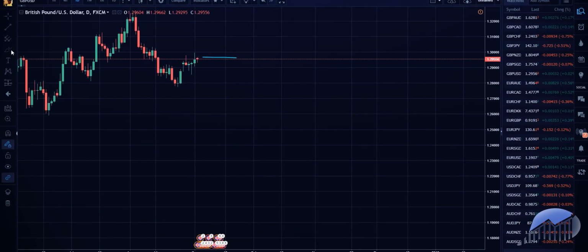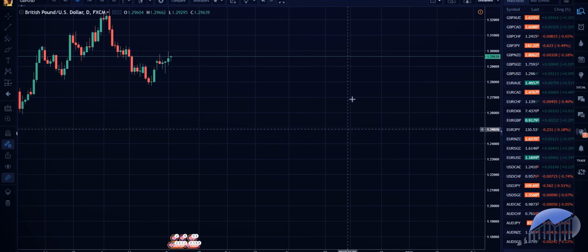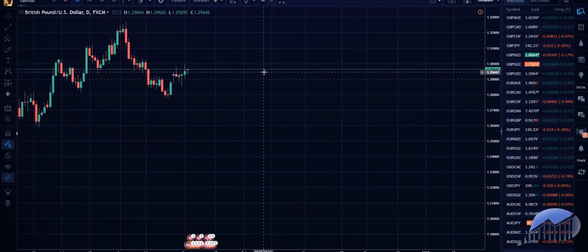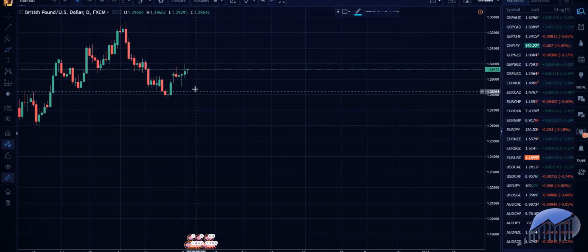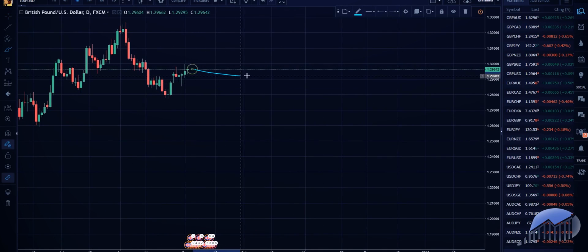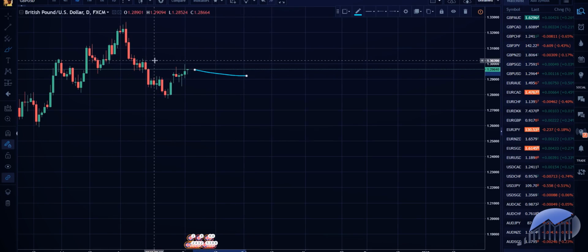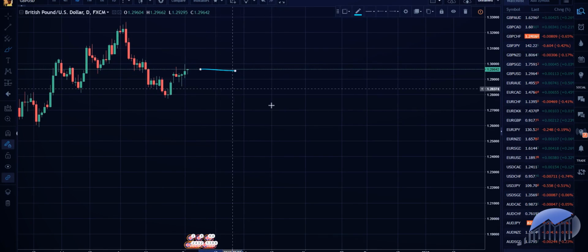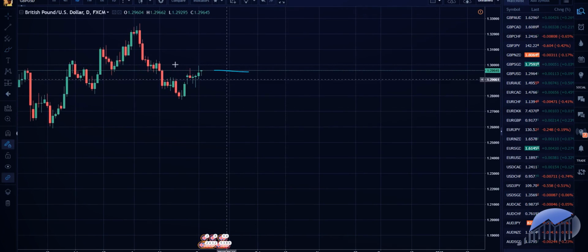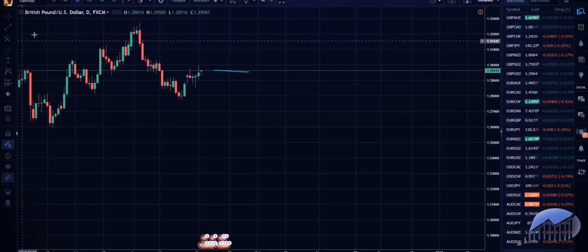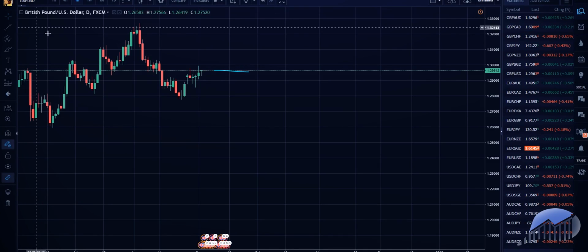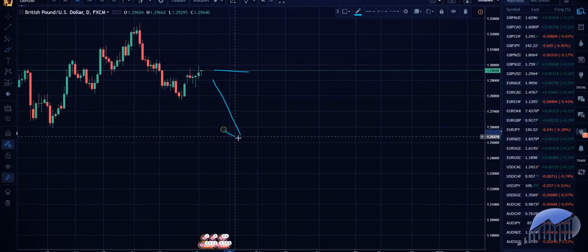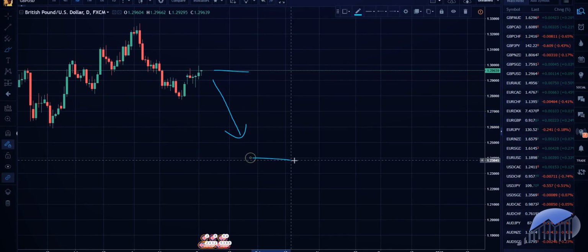Now I'm going to go through a quick example so we can consolidate this idea of selling high and buying low. We sell Great British Pound US dollar at this price as we feel it's going to make a down move and we want to capitalize on this. So we sell here, and what we're in fact doing is selling the British pound and buying the US dollar. The market makes its move, moves down.